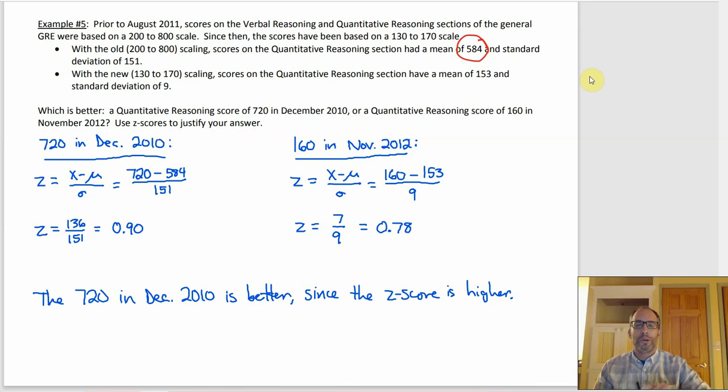The reason that it's so big is mostly because of economics graduate programs. Because there are some where, in order to get in, you have to get a perfect score on the quantitative reasoning. So people who are aiming for those programs will get close, but they'll keep retaking the GRE.